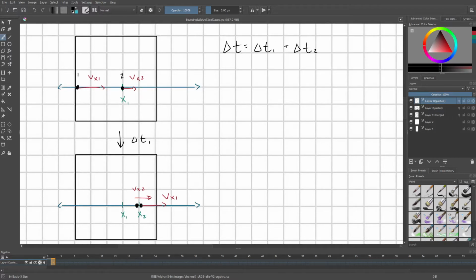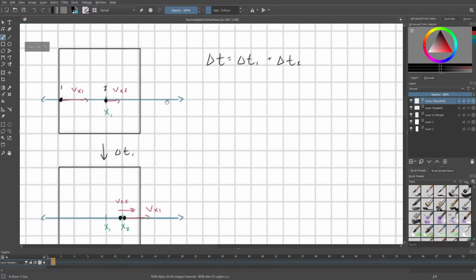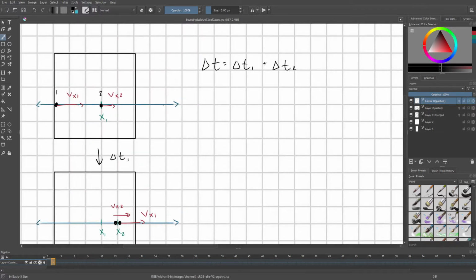I could change the velocity of this particle, and I'd still get the same delta t for these cycles. Okay? If you're not convinced by me, you can go ahead and try some of those calculations yourself. I'm going to do it for this sequence of events. Okay.